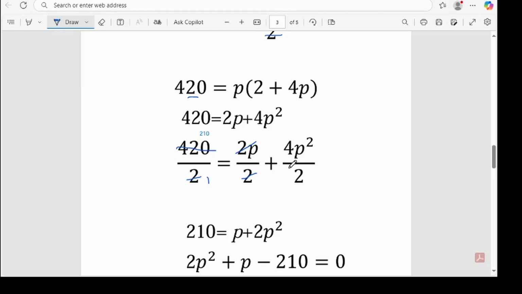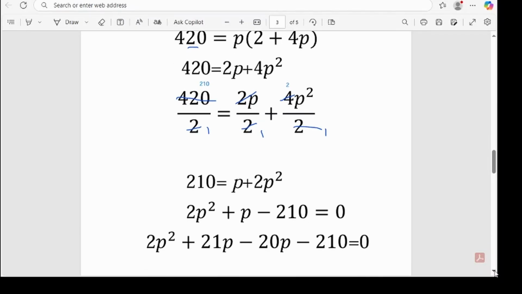And 2 will go into 4 two times here. So in simple form, we've simplified the equation. We are finally going to get 210 equals p plus 2p squared.